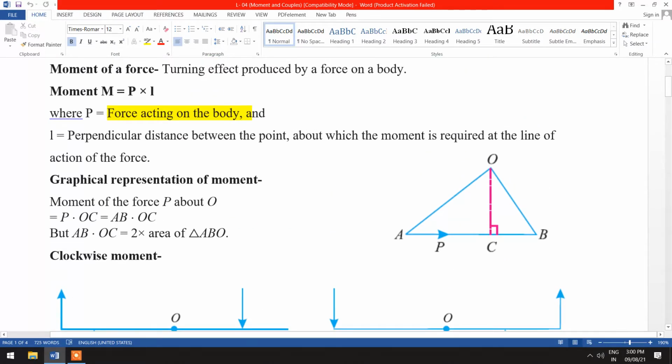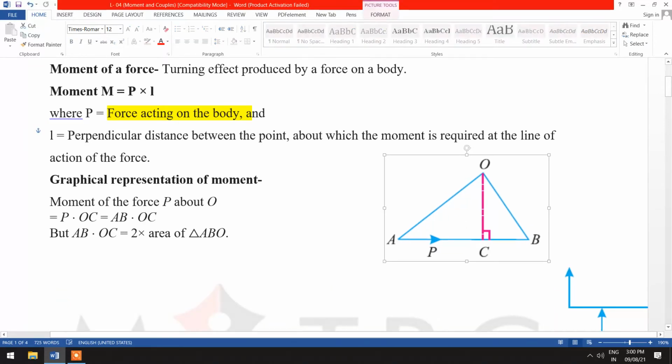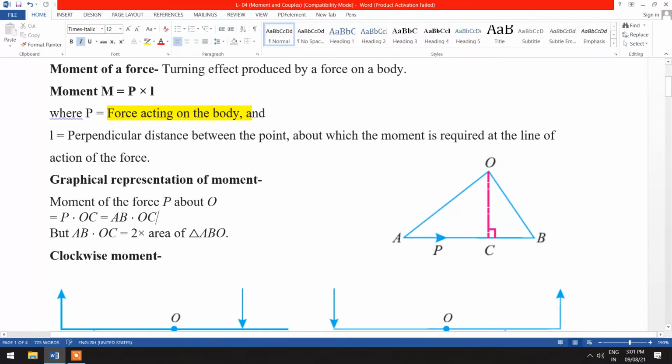Now, if we represent this moment graphically, we can see that the force P is acting along the line AB, and for this we have to find the moment. Graphically we can look at this figure. The moment of the force P about O we can write as P × OC.